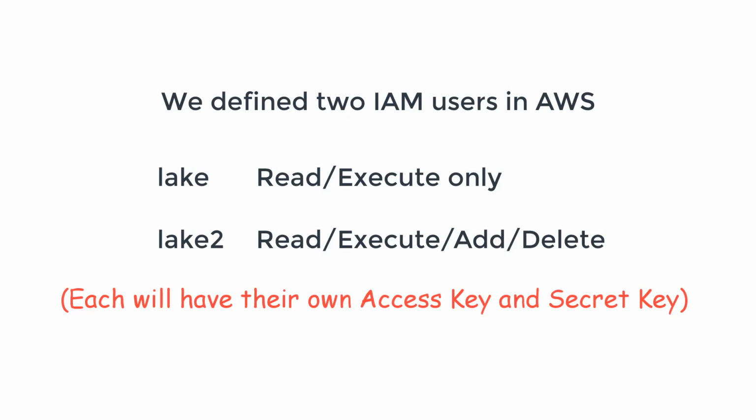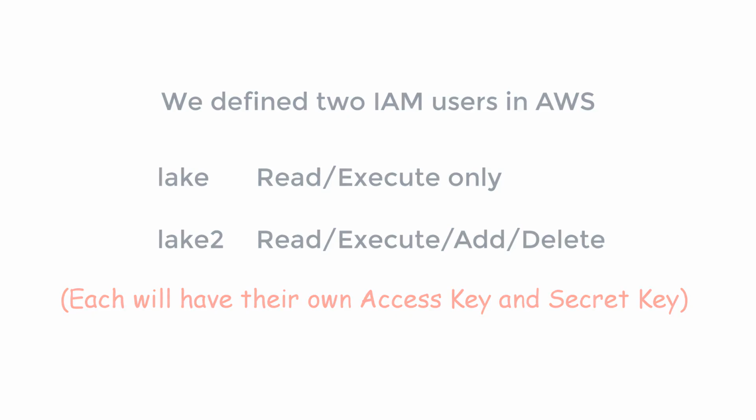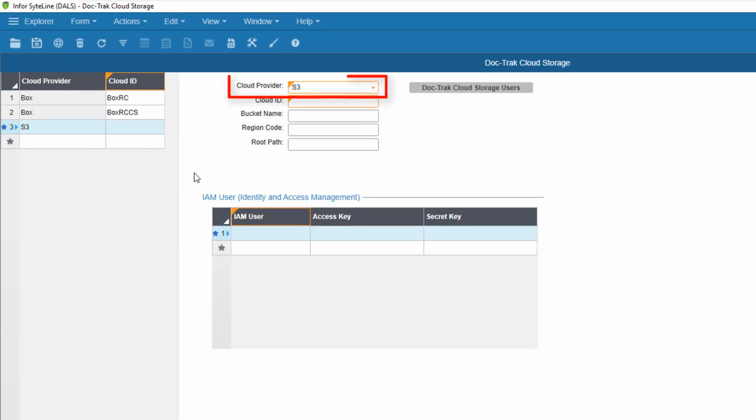Once we've gathered all this information, we can set up a new Cloud ID for AWS. The provider is S3, and for the Cloud ID, I'll name it S3 STD or S3 Standard. That way we can differentiate it from one that we may set up later for DoD Trade Secrets.